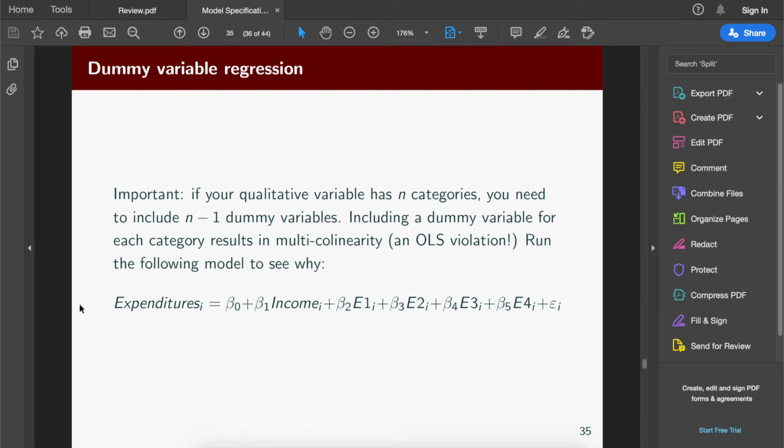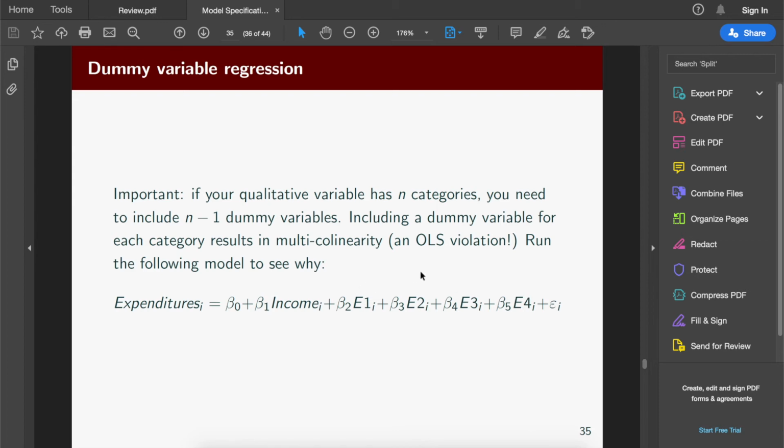I encourage you to go ahead and try to run this model, but you're going to get an error in the regression table. The reason for that is of these 4 variables, one of them is redundant, meaning that if I know your highest level of education is not E1, it's not E2, and it's not E3, then I know your level of education must be E4.